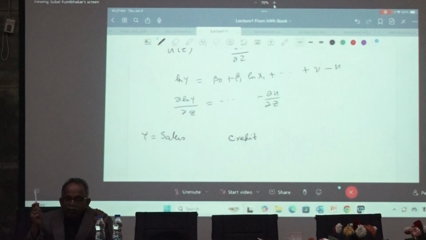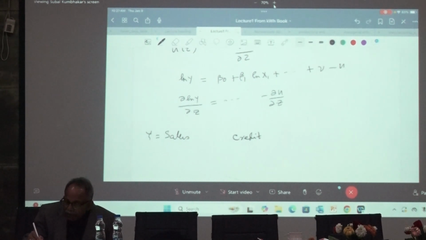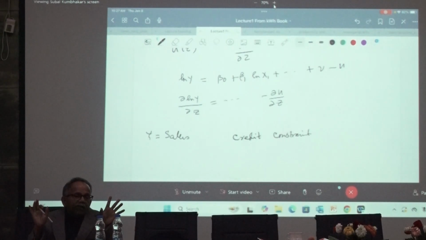If you think of that as a credit policy, the question is whether these companies are facing what we call a credit constraint. So let's use that term: whether they are facing a credit constraint or not. You are measuring credit constraint in terms of some variable, or credit policy or whatever you're thinking of. That's the Z variable that you have.